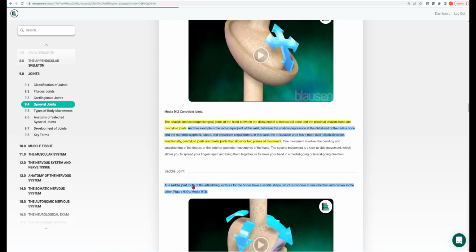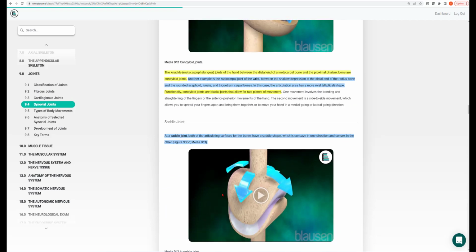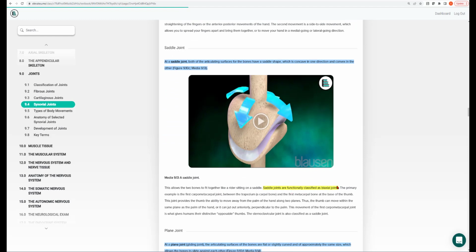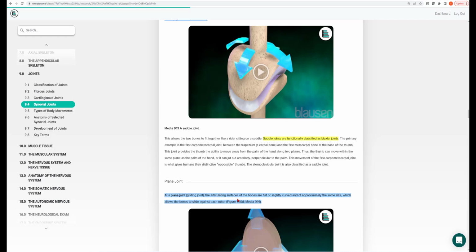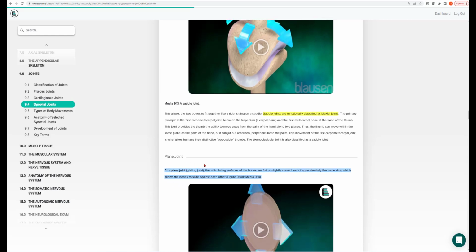Saddle joints, again, I have in blue. Not asking you to know any specifics or be able to recognize a saddle joint. They also are biaxial joints like the condyloid joints. And planar joints or plane joints or gliding joints, again in blue. Not asking you to know specifically about this.